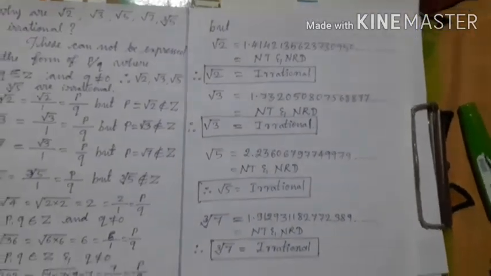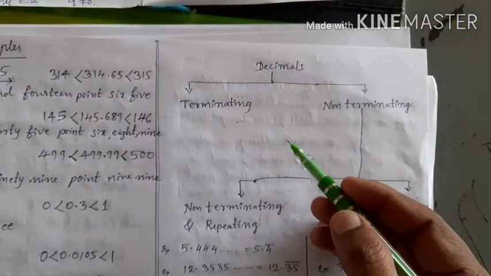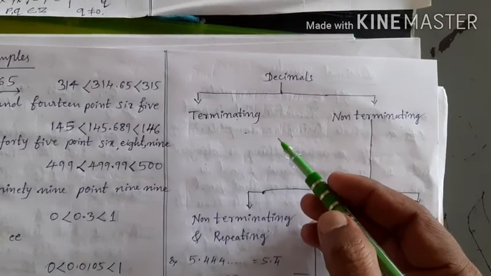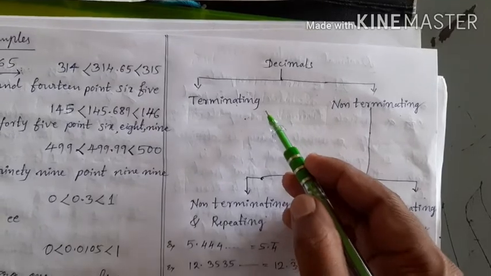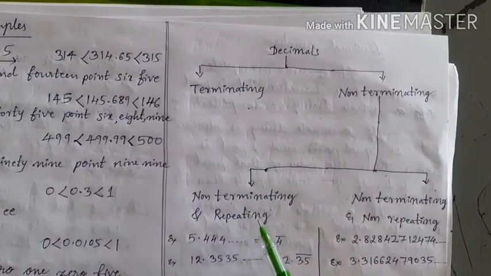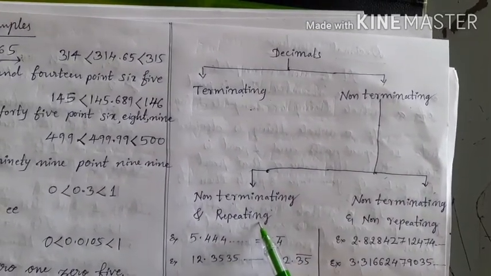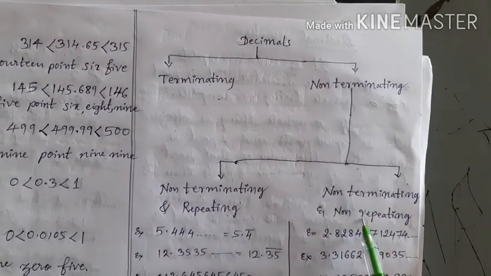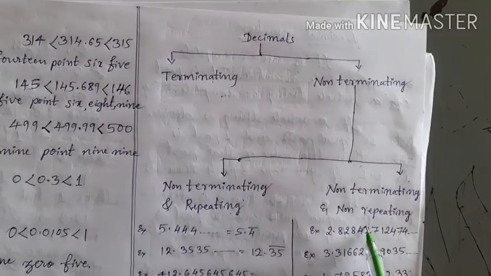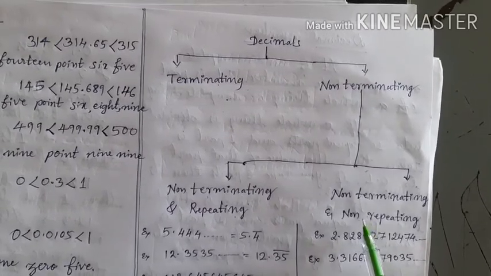Did you learn, children? So children, at the end we can conclude that terminating decimals and non-terminating repeating decimals are rational numbers, but non-terminating and non-repeating decimals are irrational numbers.